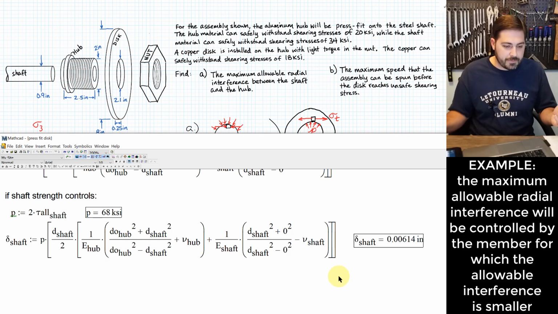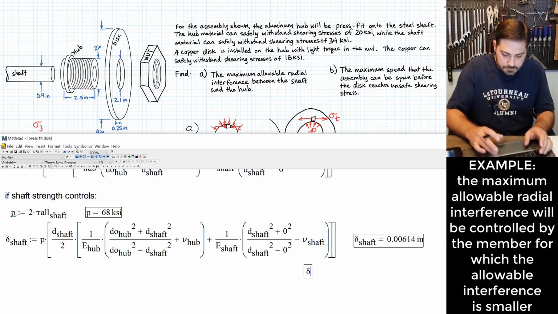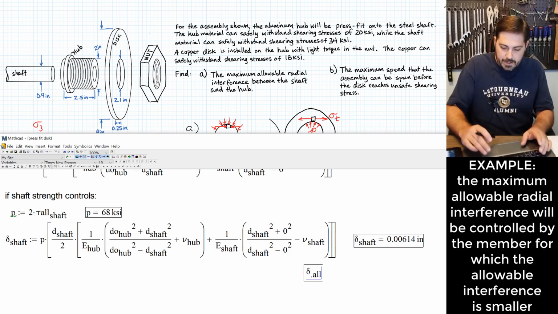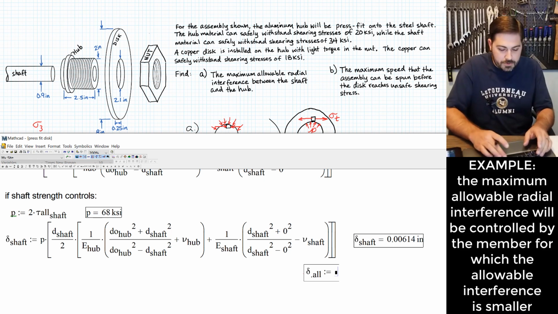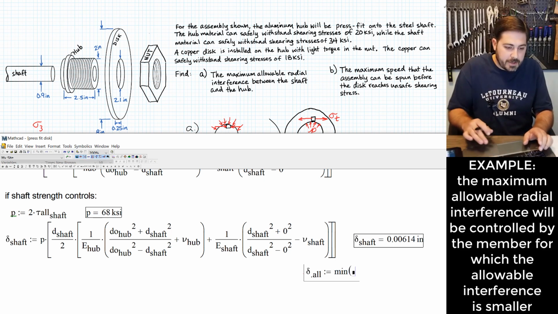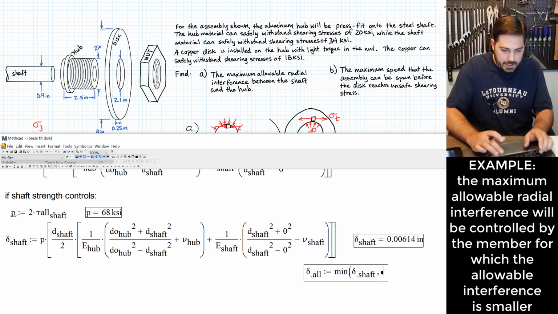Right? So if you want, you can put in another little line here that says that our allowable radial interference between these two things is going to be equal to the smaller, which is, you can get that by typing min, of what the two things are, right? The one for the shaft and the one for the hub.